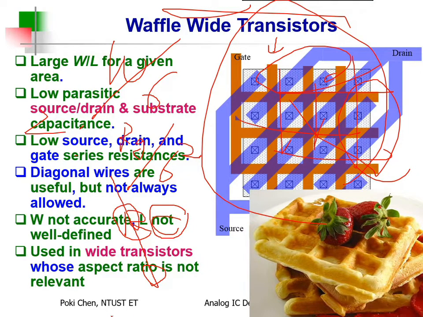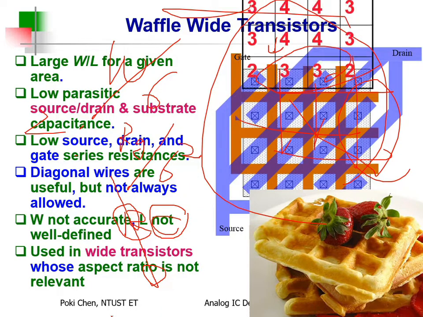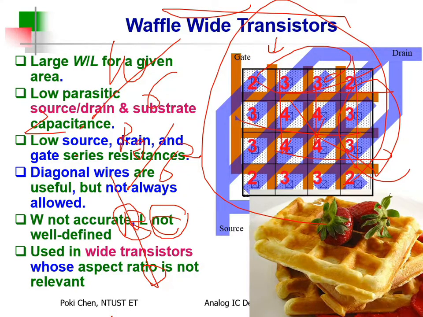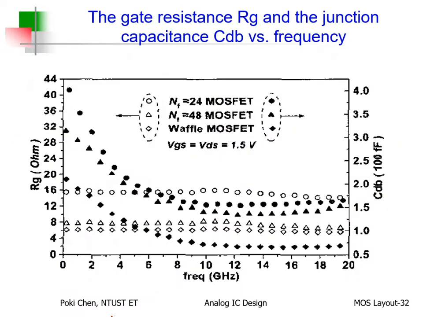Yeah, waffle. If you love it, please keep the waffle layout in your mind. This is what I told you already, right? How many times, roughly speaking, you can reduce the area, the parasitics, and so on.